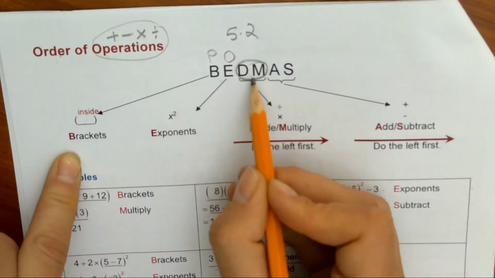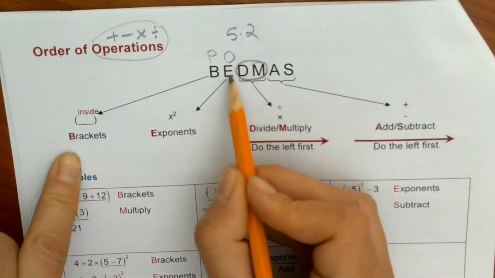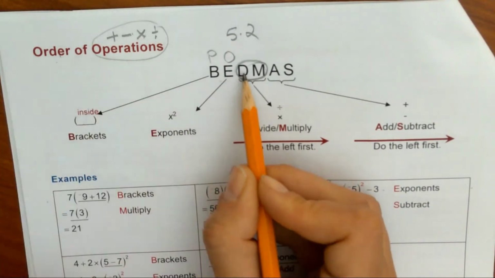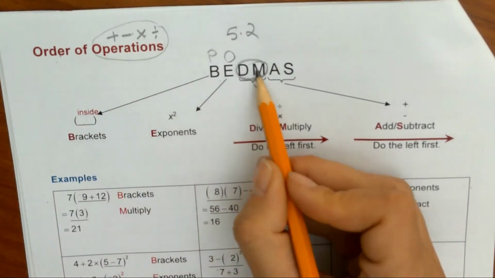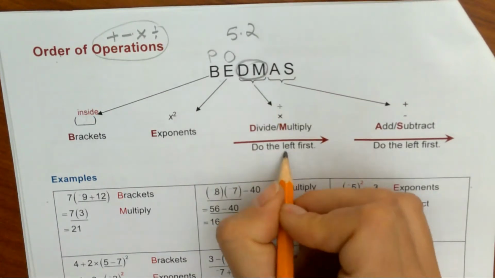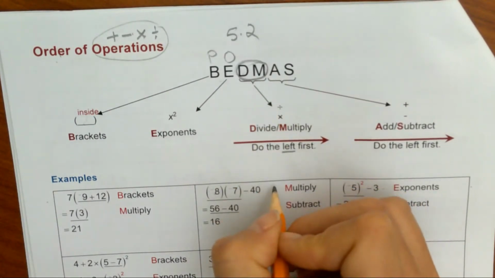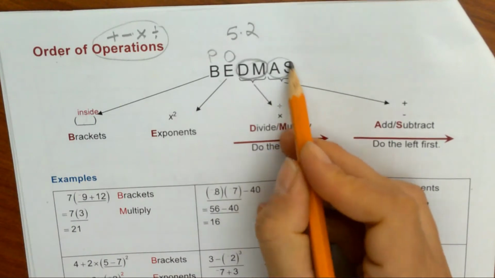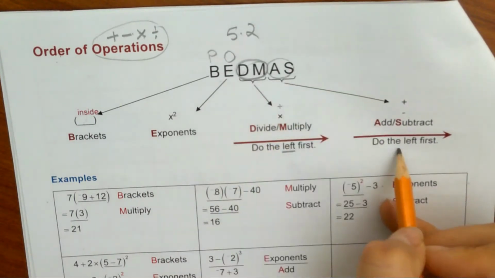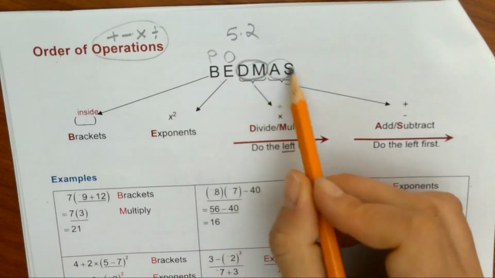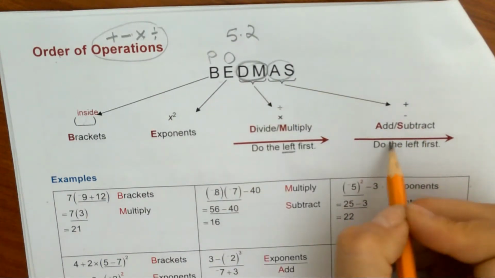You don't do divide first because the D comes first. Don't do that. It just means when you have two to choose from, you must do the left one first. And add and subtract, those are the easy things at the end. And when you have two to choose from, you always do the left one first.